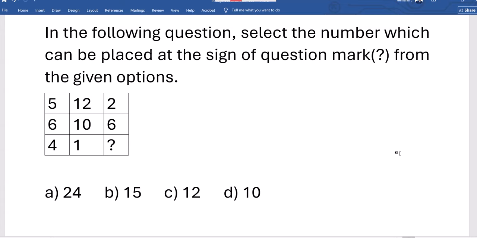This is column wise; they may give it row wise next time. But see this, it will take a lot of time, but still we'll think. The answer will not come. That's the problem with this.